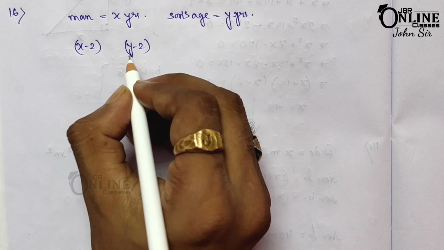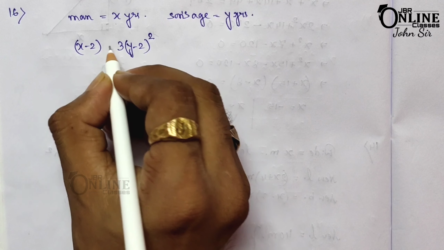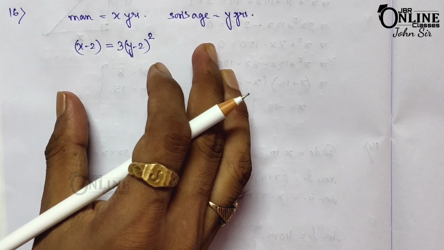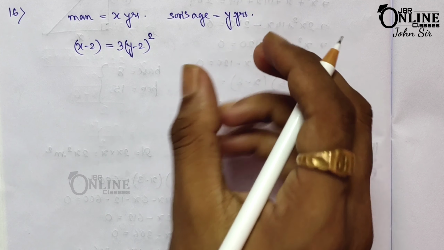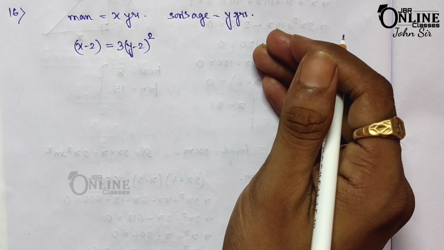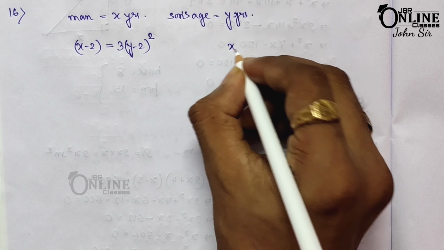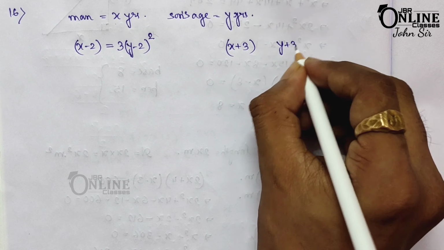So first find the square, y minus 2 whole square, and multiply with 3, and that equals the man's age. Now the next condition: in 3 years' time, that means 3 years after, it will be x plus 3, and after 3 years it will be y plus 3.